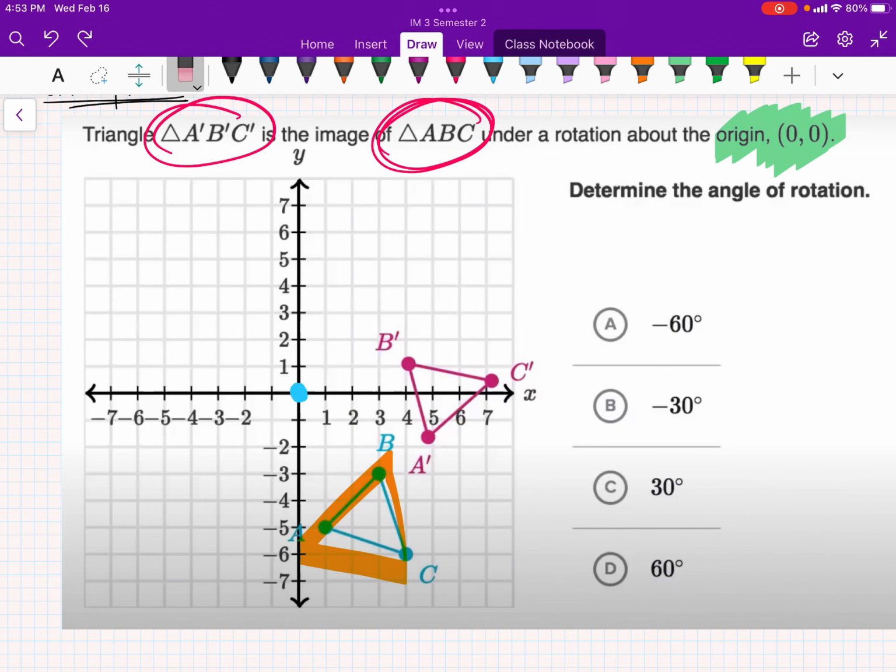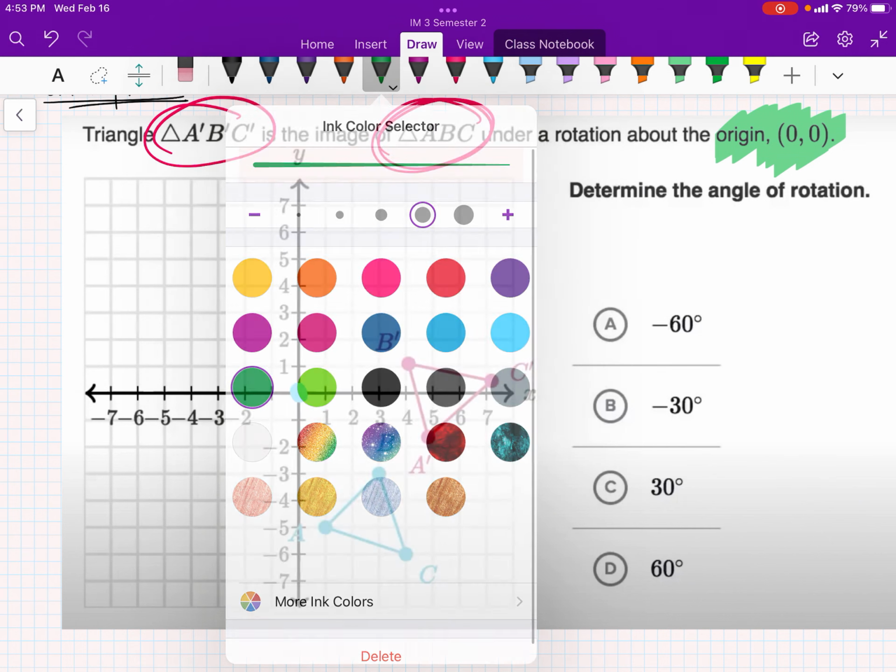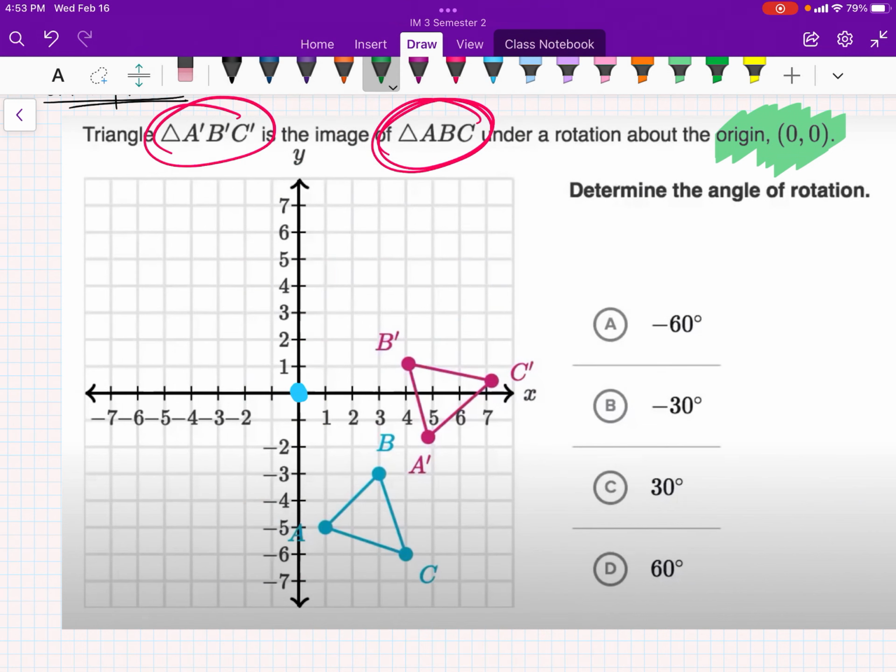So then in this case, all I'm going to do is connect one of the points in my original triangle with the new one in the second one. So for example, let's say I use B here. I'm going to connect my line here with B, and then I'm going to also connect it with B prime.